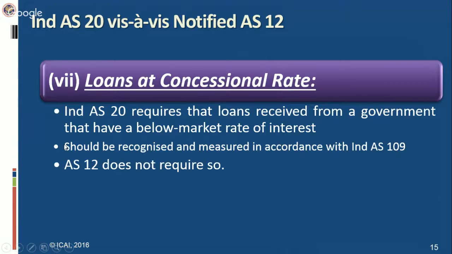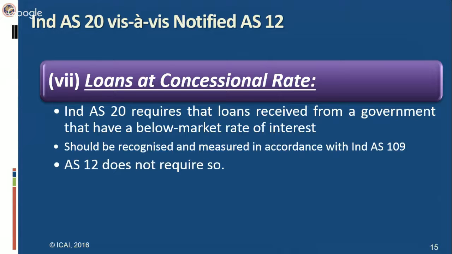If we are receiving certain loans from government which are at concessional rate, though that is a government grant for you, for the recognition part, but for the measurement part, we have to refer to Ind AS 109.